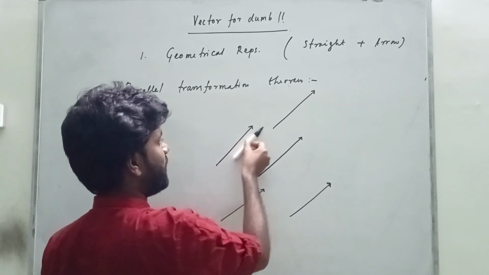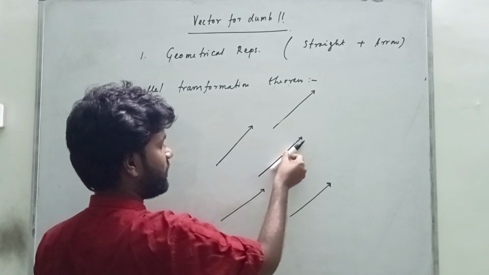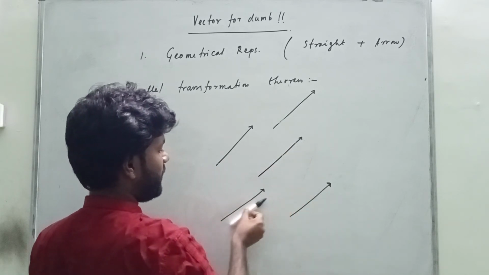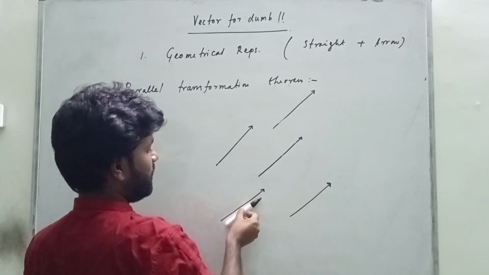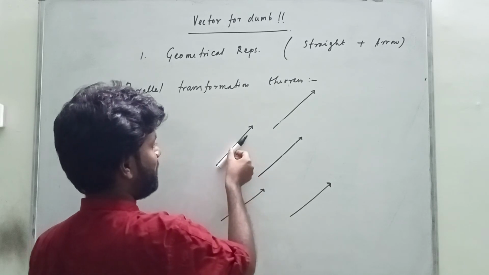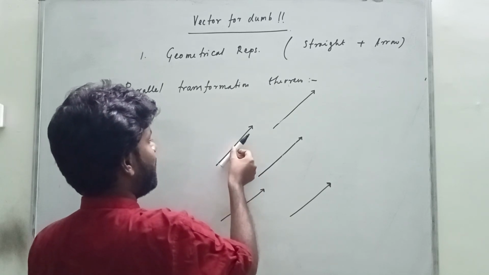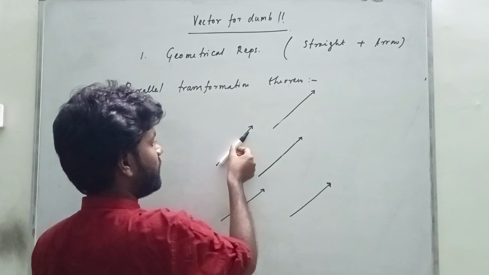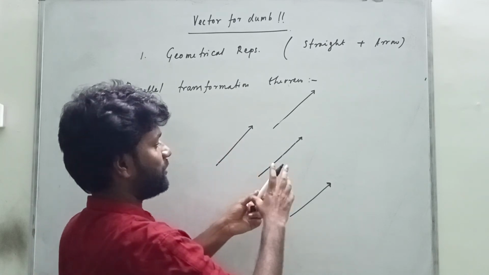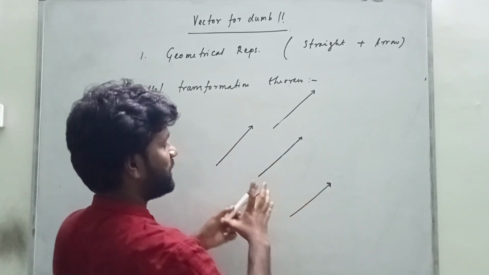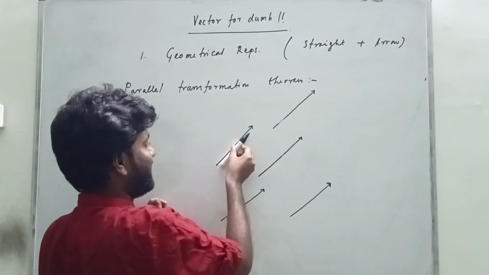The direction remains fixed, as well as the magnitude of my pen, because if the pen goes from here to there, the length of this pen will remain fixed, right?